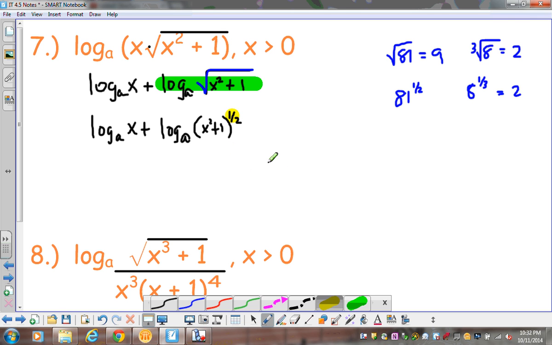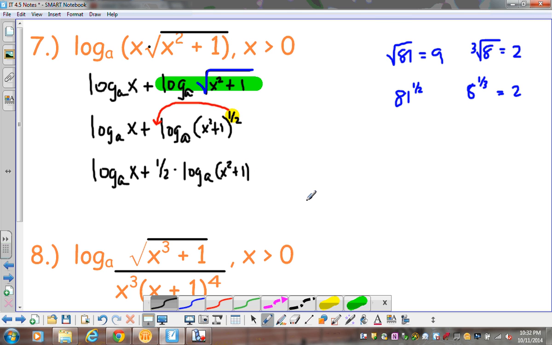I've got an exponent, so I can move it to the front. The last part of this is log base a of x plus, now I'm going to move my exponent to the front, 1/2 times log base a of x squared plus 1.